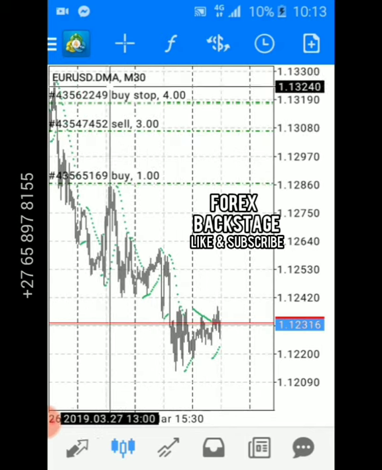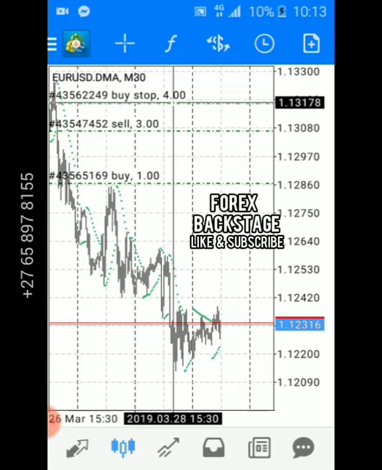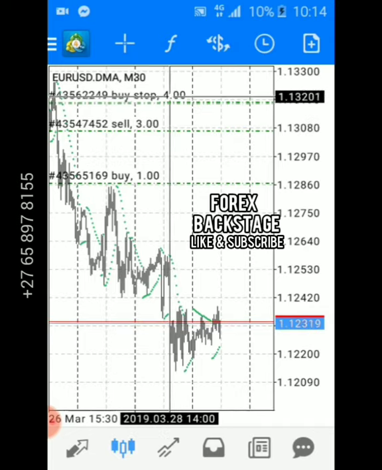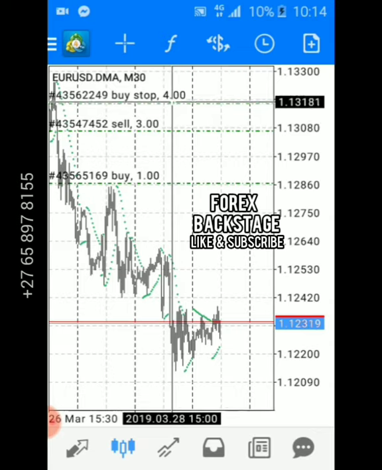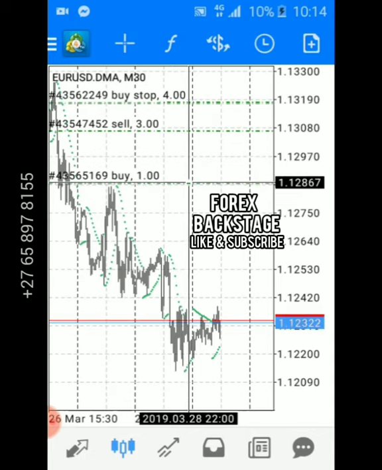So therefore, the market decided not to go back again and activate my pending order of 4.00. Which means that my successful pattern will be starting from 1 sell and 2 buy and 3 sell, because this 4 buy was not activated, but instead I have started a new pattern here by 1.00.